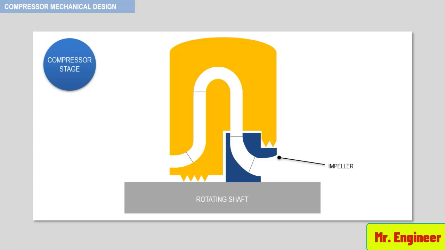The diaphragm is the non-moving part between two stages and contains the diffuser, the return channel, and the stage seals. The diffuser converts velocity into pressure. The return channel guides the gas into the next stage.